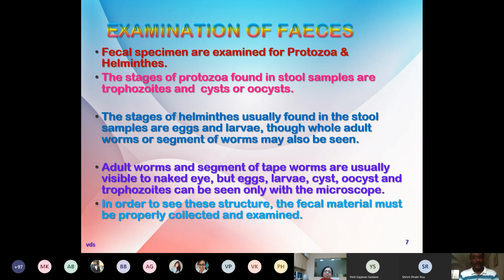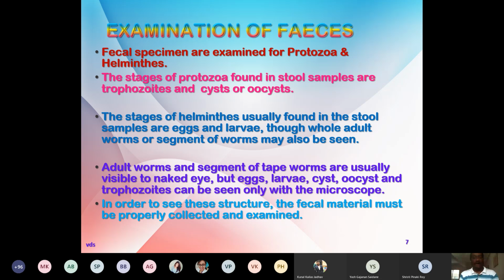But macroscopically, we can also observe the presence of adult worms, particularly the larger helminthic worms: roundworm, hookworm, Enterobius vermicularis, and sometimes tapeworm or the segments of tapeworm, which may be seen by naked eyes.